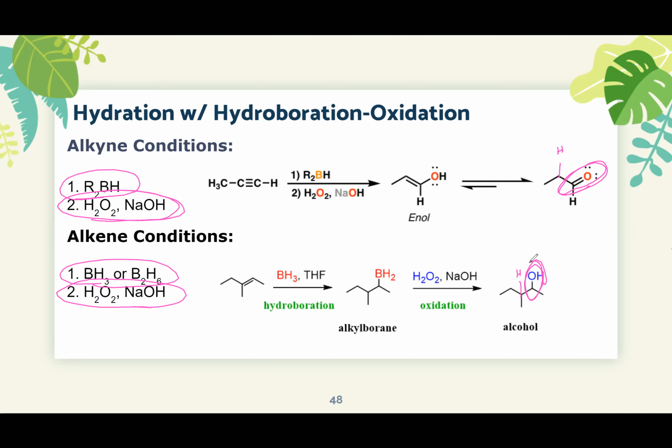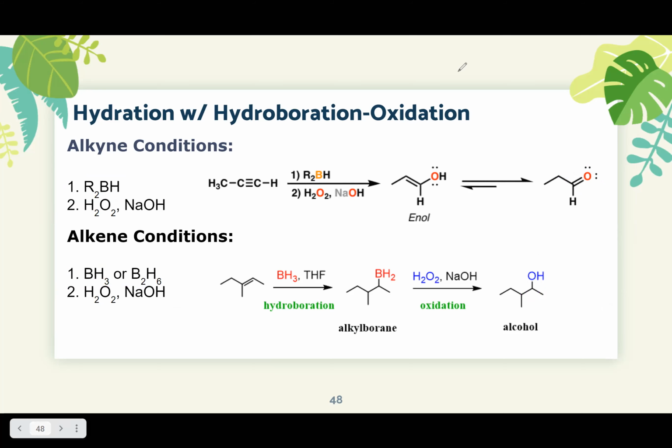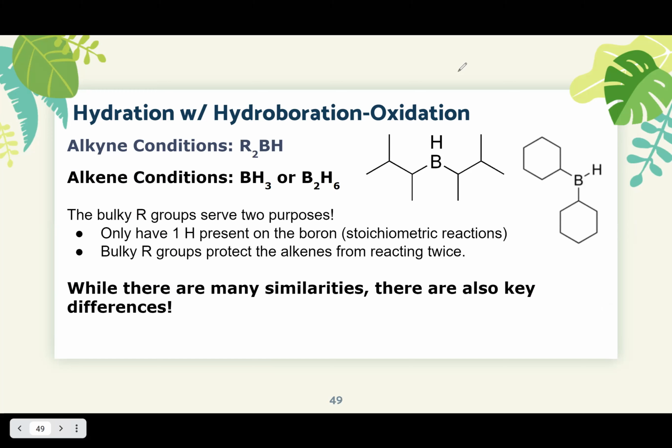Now, it is a fairly common theme where our alkene reactions will add alcohols, whereas our alkyne reactions will add carbonyls. So if we look more into these boron-containing electrophiles, or I should say, does anybody have any questions first before we continue?